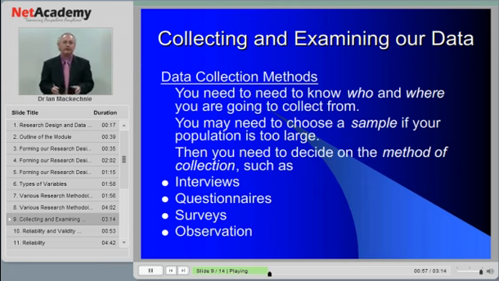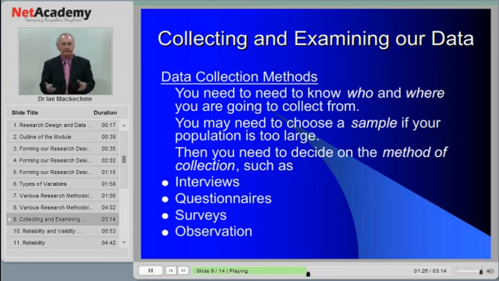It would be impossible for us to collect that information from every airline in Malaysia. So what we need to do is choose a sample of the total population of people who complain, of people who handle complaints, and of airline industries. We need to restrict the number of people that we actually are going to collect information from.